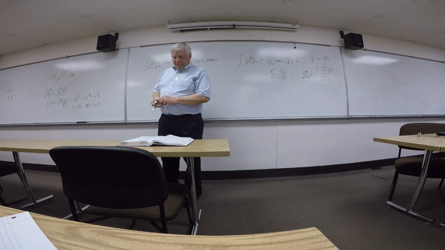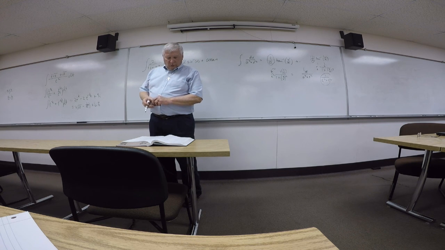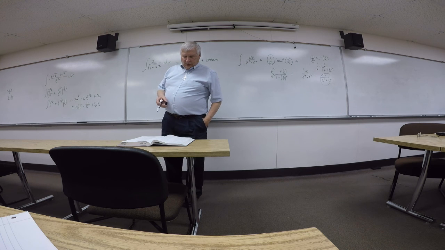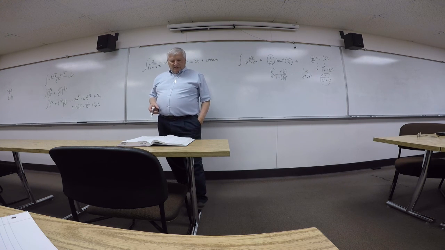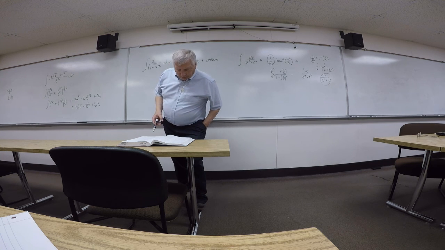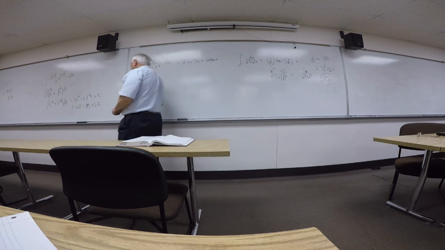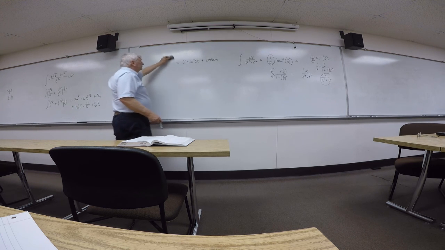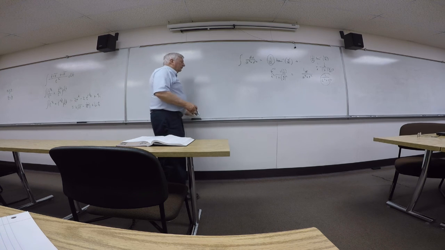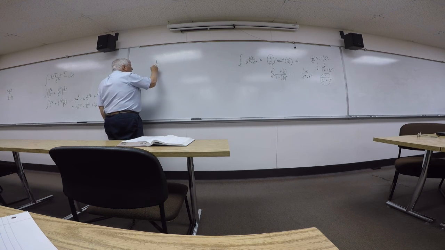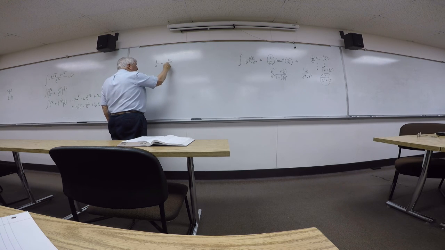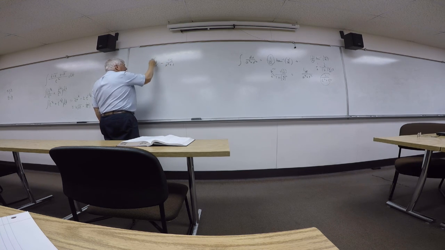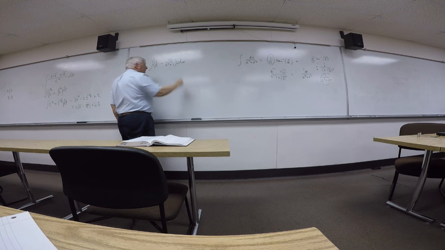Okay, number. What looks good in this list? Number 61. 1 over x minus 5 over x squared plus 1, and antiderivative with respect to x.